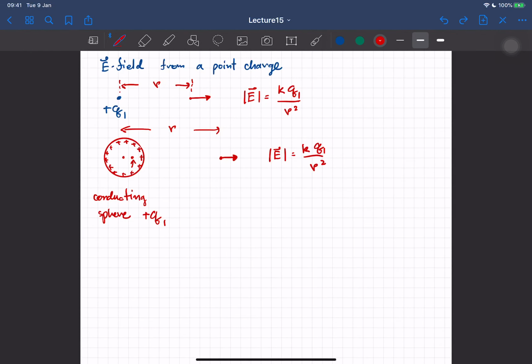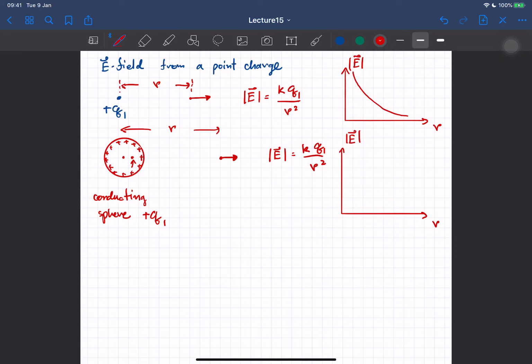When you plot the strength of the electric field as a function of distance for a point charge, it's going to be stronger and stronger as you approach the location of the charge. So it's going to look like this. But for a sphere, at some point you're going to be entering the inside of the sphere, and then the electric field is 0.